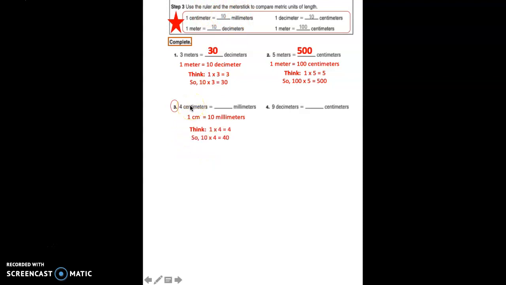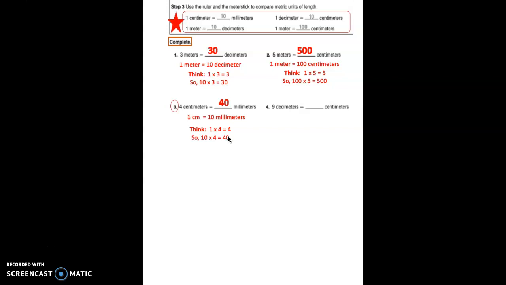I did that by multiplying 1 times 4 equals 4. Whatever I did on this side of the equal sign, I need to do on this side. So I'm going to multiply 10 times 4 equals 40. So 4 centimeters is 40 millimeters.